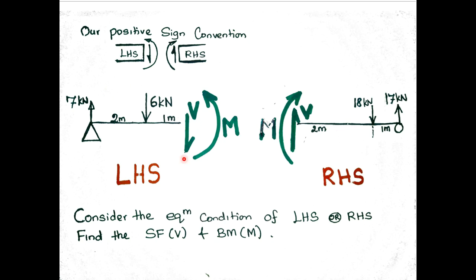This is the LHS part, this is the RHS part. This is point X, here point X, here also point X. This is the positive sign convention for LHS, and the positive sign convention for RHS, this one. Consider the equilibrium condition of LHS or RHS and find the shear force and bending moment.